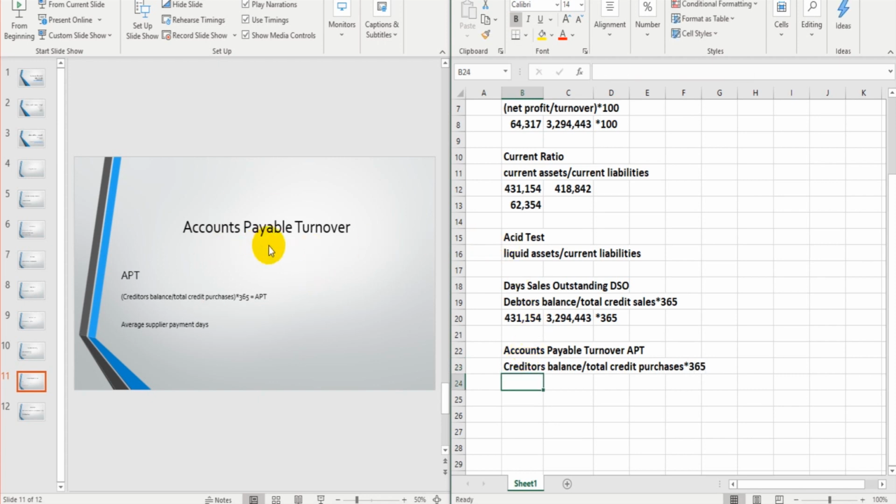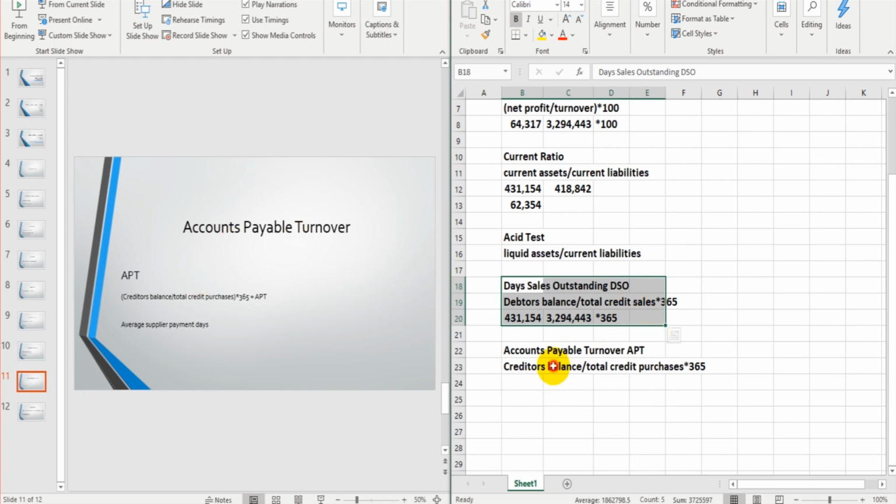Now the thing with accounts payable turnover, it's the opposite of days sales outstanding. What accounts payable turnover is how long is it taking the company in days to pay its creditors. So if you think of the debtors formula, it's the opposite. It's to do with creditors. How long is the company taking to pay its creditors? This one, how long are the customers taking to pay the company?